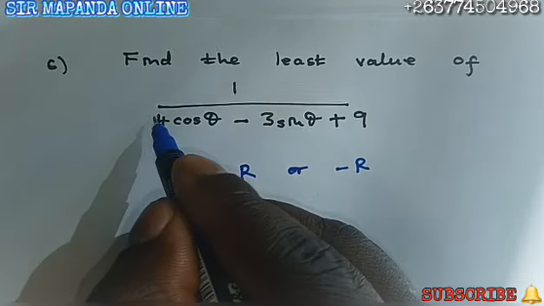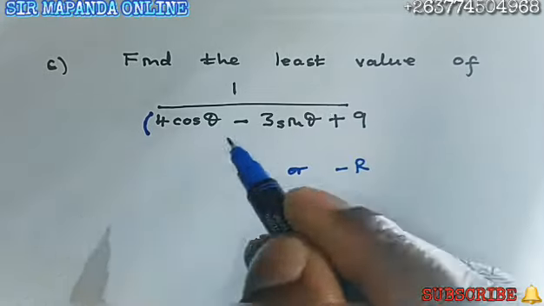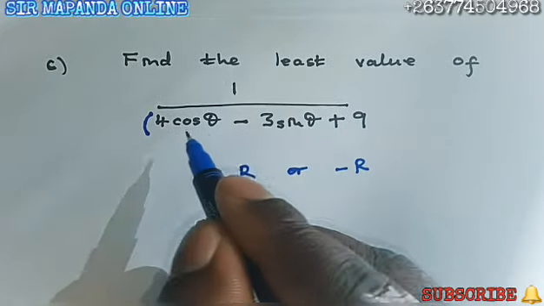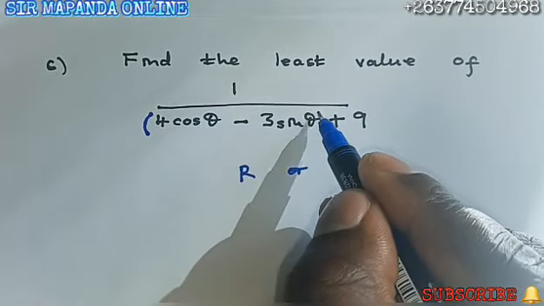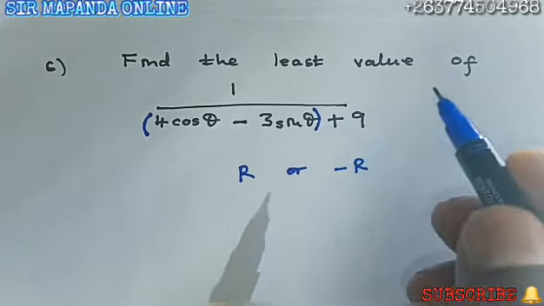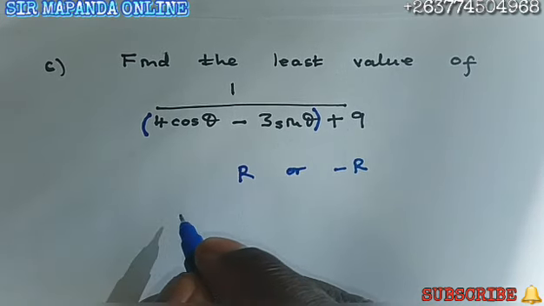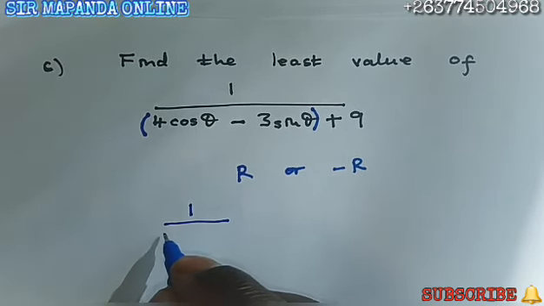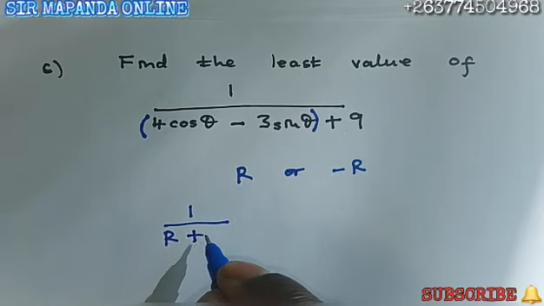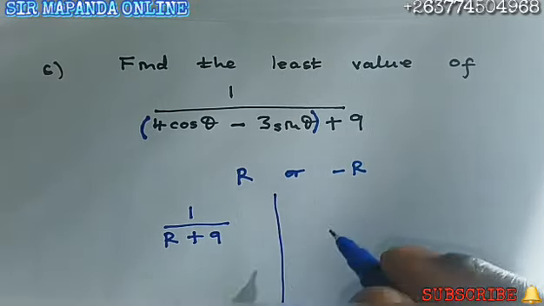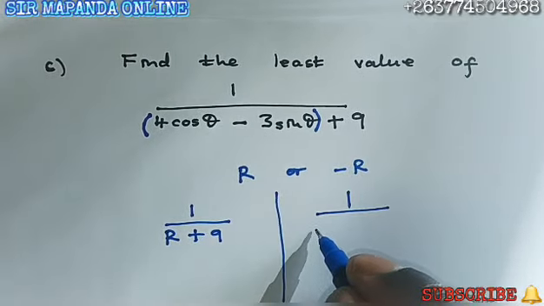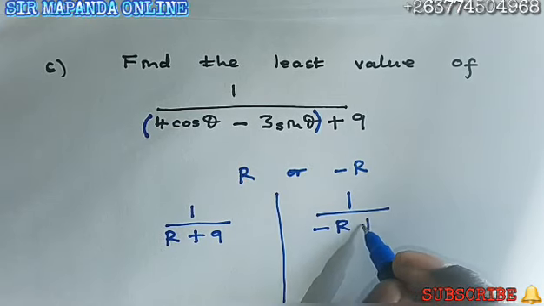So it means this entire expression 4 cos theta minus 3 sin theta, excluding plus 9, is going to be substituted by R or minus R. So I'm going to say 1 over R plus 9. Then you say 1 over minus R plus 9.